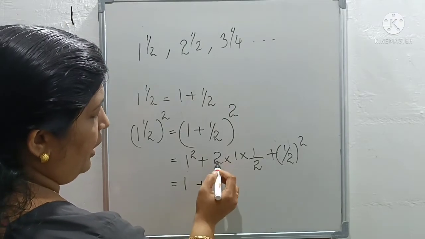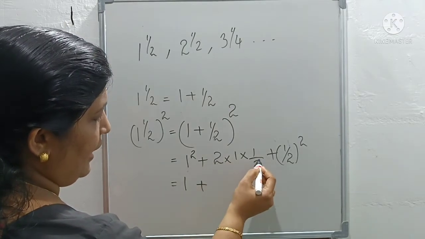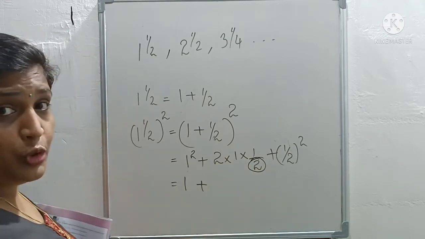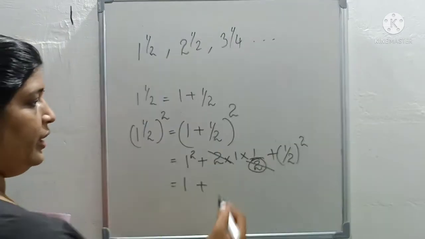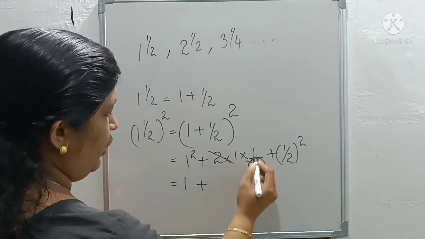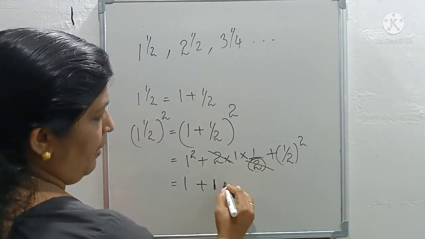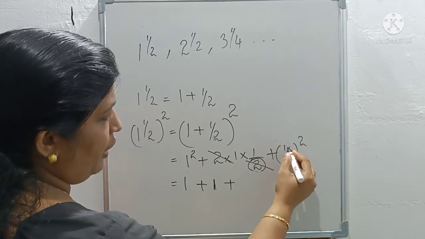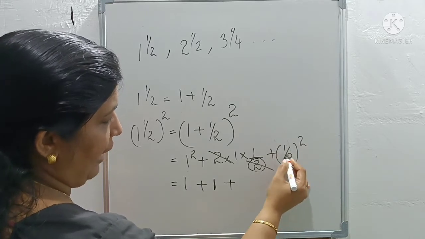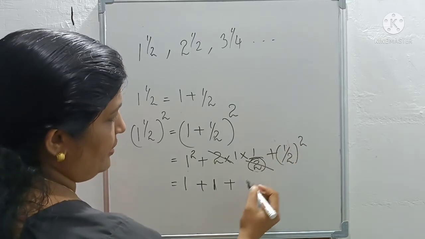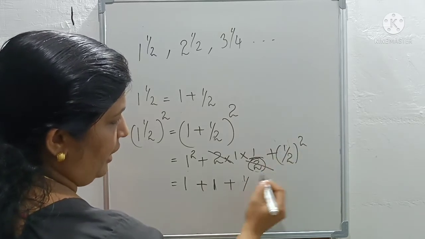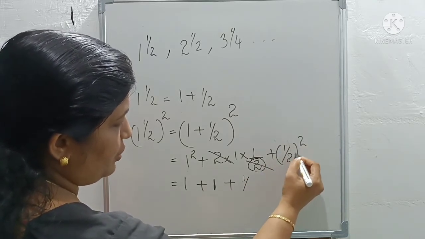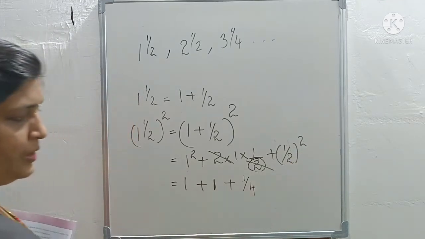So that is equal to 1 plus, yes, 1 squared is 1. Then here we have 2 in the numerator and the same 2 in the denominator, so let us cancel that 2. So here we have 1 into 1, that is equal to 1, plus, yes, what about (1/2) whole squared? This is a fraction. A fraction squared is equal to numerator squared, that is 1 squared is 1, and denominator squared, 2 squared is equal to 4.